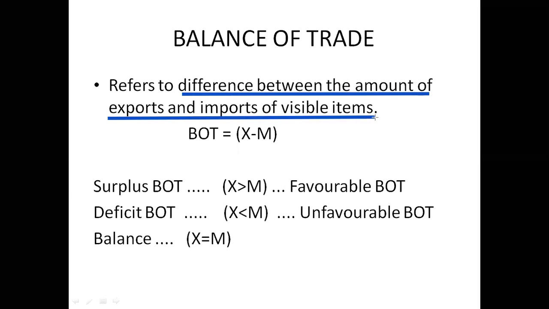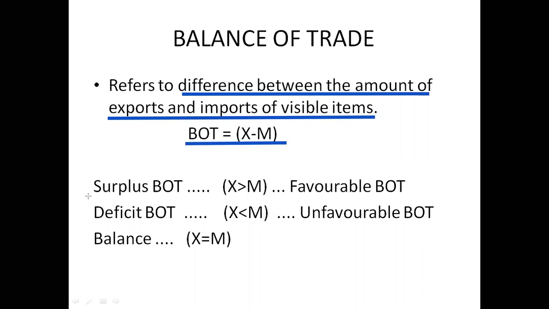Balance of trade is equal to export of goods minus import of goods, which is X minus M. X for exports and M for imports. All right. So if balance of trade comes for one mark, what is balance of trade? Balance of trade is the difference between export of goods and import of goods, that is exports minus imports.